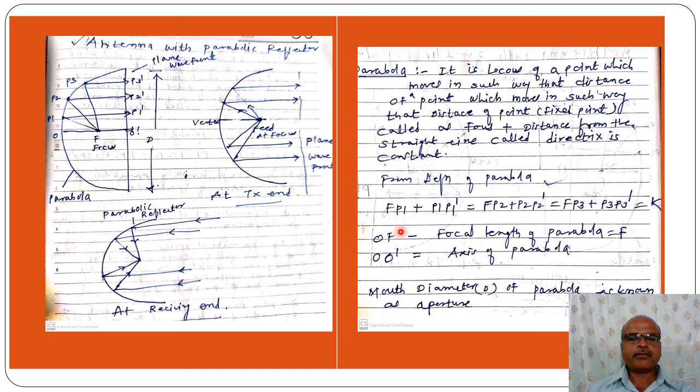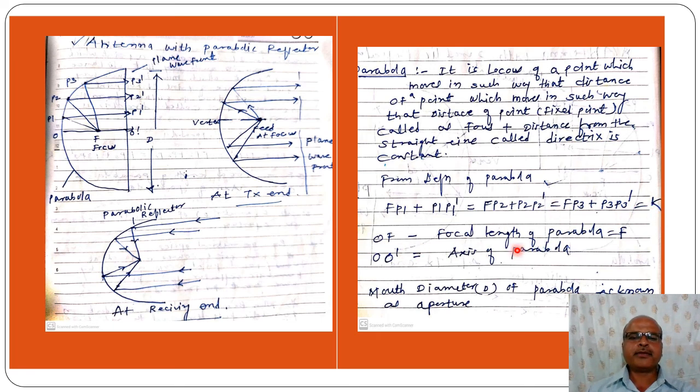From this equation we can explain the definition of a parabola: FP1 plus P1P1 dash is equal to FP2 plus P2P2 dash, which is equal to FP3 plus P3P3 dash. So all this is equal to a constant.